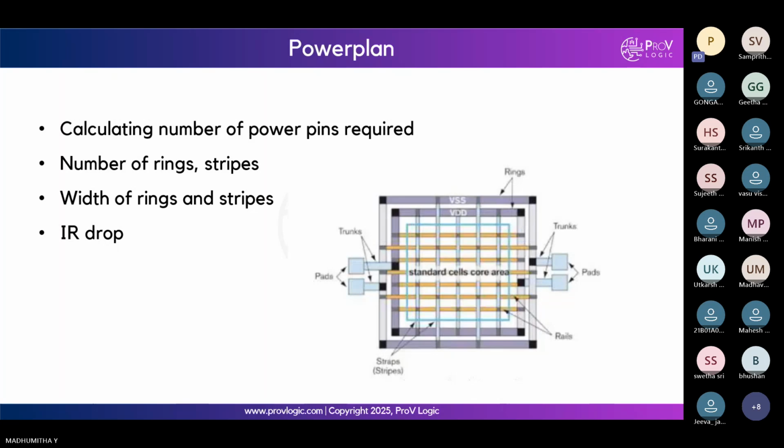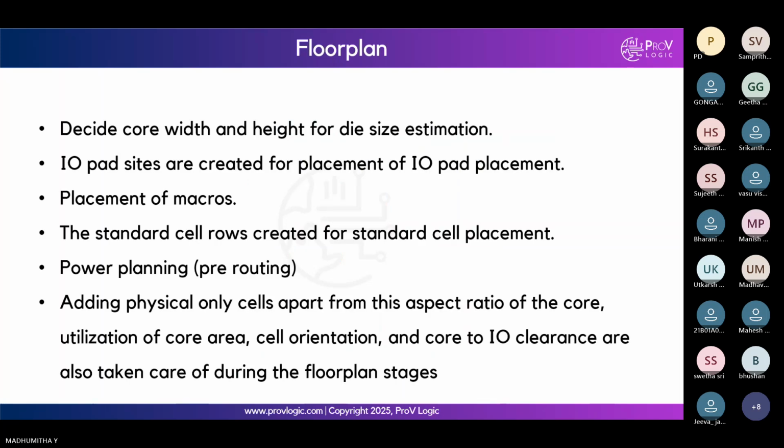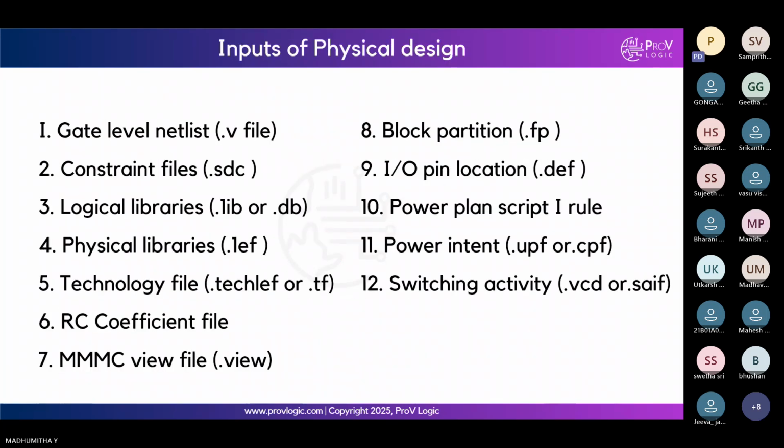How to decide the width of the stripes? For this, we take the information from the PD input slide. Can you please go to the input slide? If you can see points number 12 and 11, power intent and switching activity. In these files we have different types of cells and the switching activity of the cells.